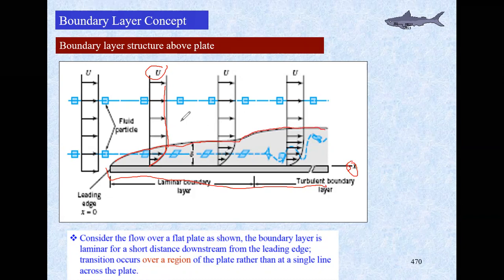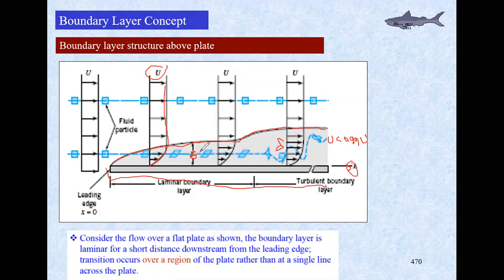Mathematically, it is defined as a layer where the velocity is less than 99% of the free stream velocity. So as long as your velocity is less than 0.99 U, you have a boundary layer there. This is delta, also called the boundary layer thickness.